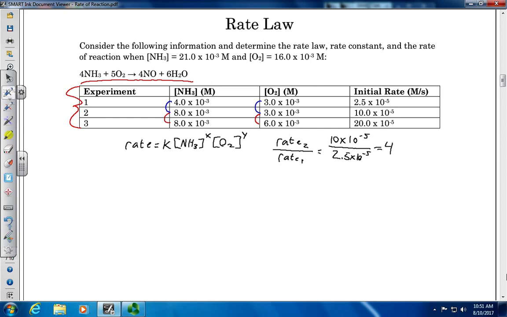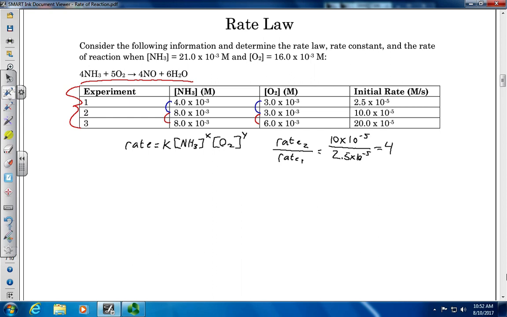Given that information, we can then look at our rate equation, which we did over here, where the rate is equal to k times the concentration of ammonia to the x power times the concentration of molecular oxygen to the y power, and we can plug in our values. So for experiment 1, or let's do experiment 2 first.